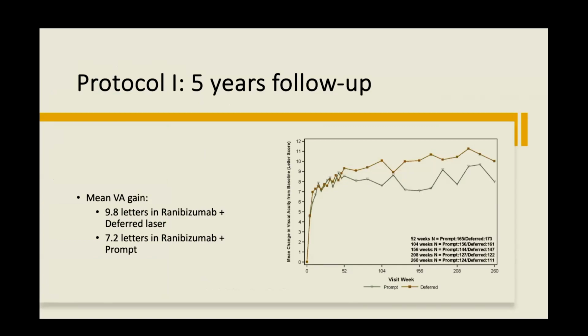One of the first studies, which was a comparative study between ranibizumab and triamcinolone acetonide, with or without laser, the Protocol I study of DRCR, at 5 years of follow-up showed that the mean visual acuity gain in eyes who received ranibizumab injections with deferred laser, or you may call it only anti-VEGF agents for most of them, the mean improvement was about 10 letters. 10 letters is about 2 lines.